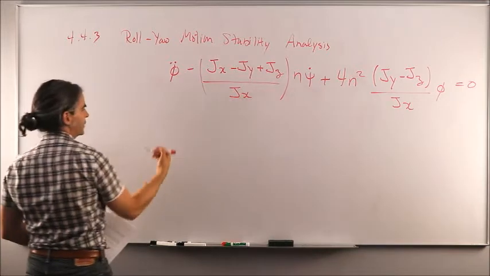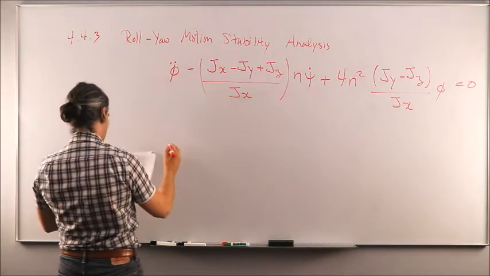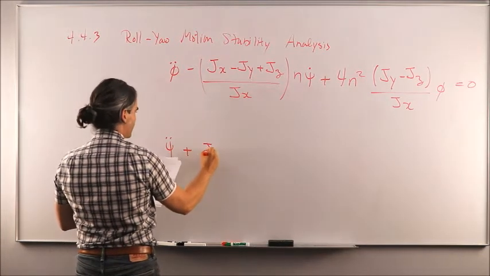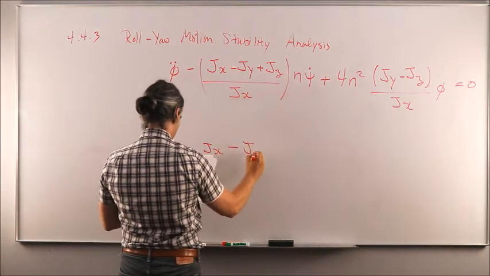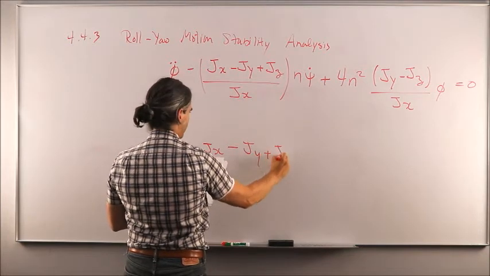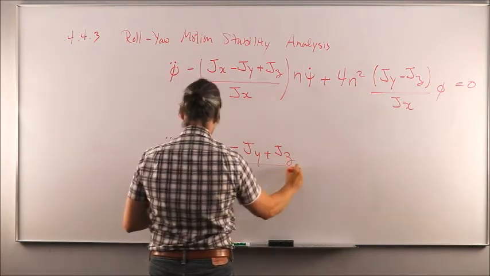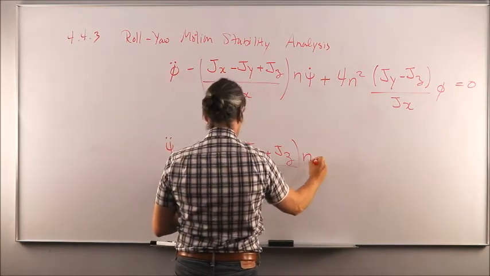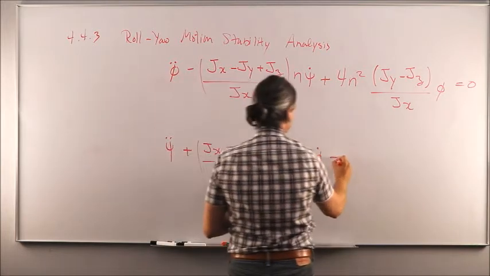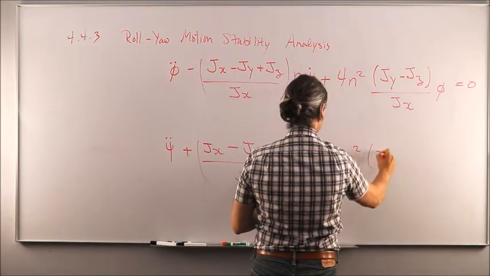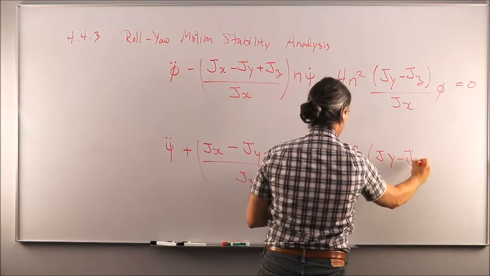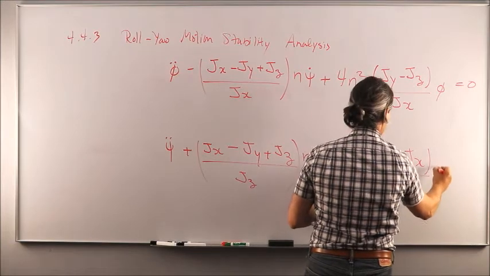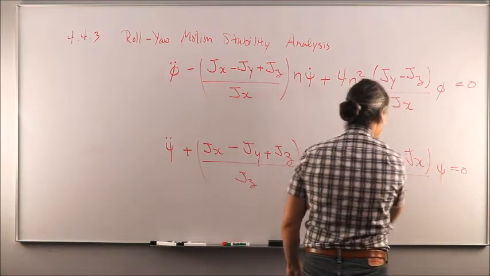And you take your z equation and you divide with Jz all over the place to obtain the yaw acceleration plus this ratio of inertia, Jy minus Jx over Jz times yaw angle. Okay?